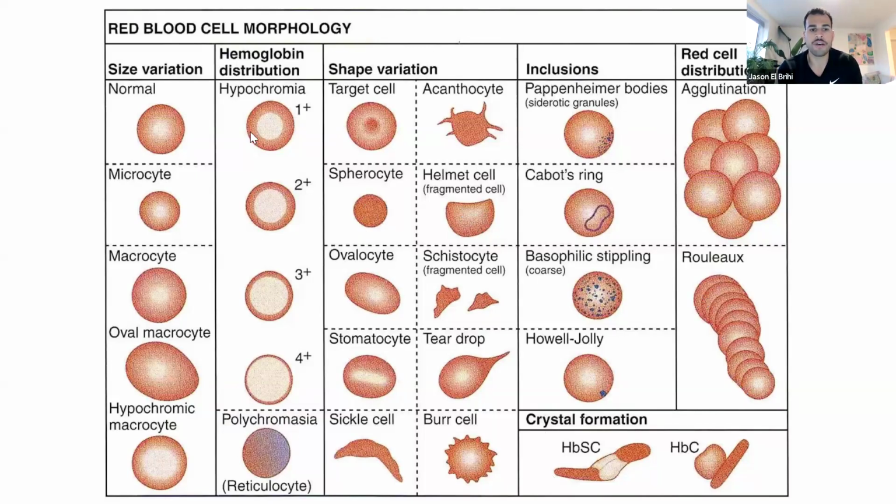And hypochromia we've discussed as well. Remember, that's the low MCHC with not enough hemoglobin. Cool. Howell-Jolly bodies occur in splenectomy or when you have functional or physical asplenia. Yeah, a lot of things to think about, but hopefully helpful.